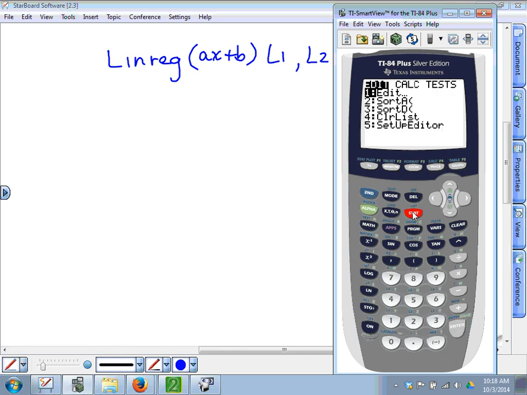We go to Stat, Edit. We got to clear the lists. Remember, you highlight the list, go up to the very top, highlight it, hit clear, then scroll down. Now all of your X values are going to go into list 1. So you type in a 0, a 2, a -1. We're on problem 8.